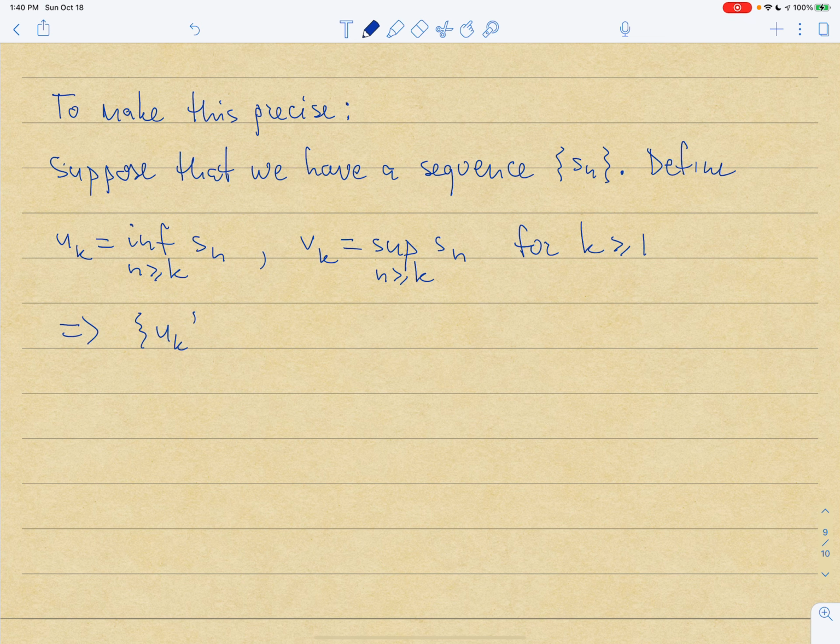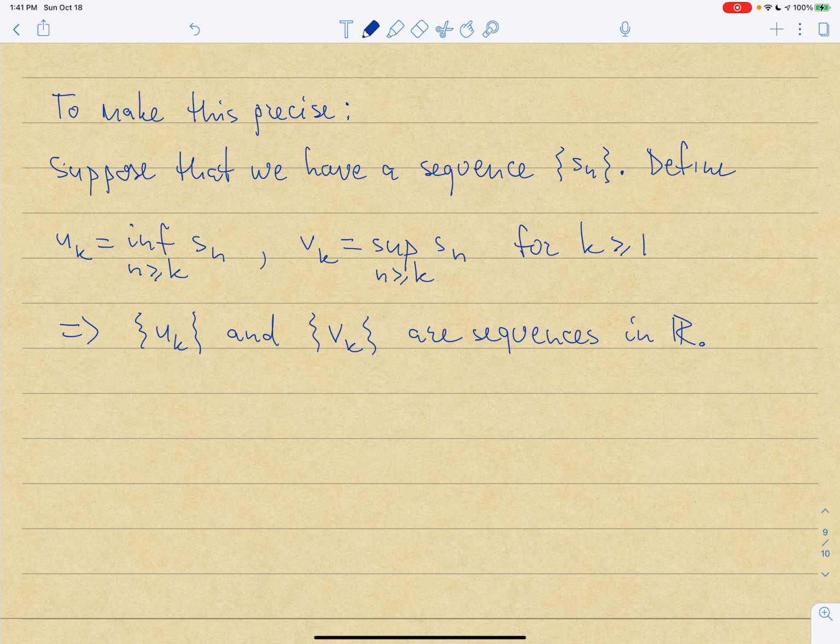So then Uk and Vk are going to be sequences of real numbers. Okay? So Uk and Vk define a window within which my sequence is going to be oscillating, starting from an element k.